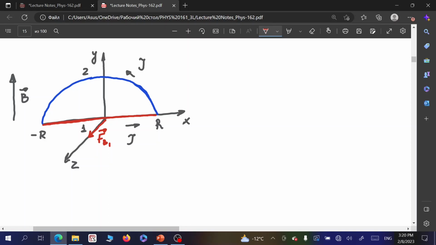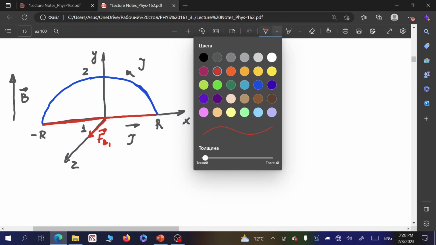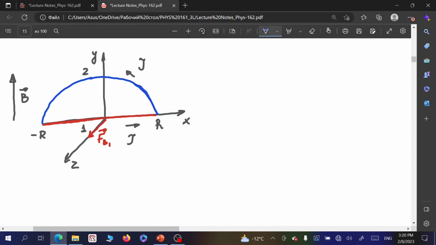We take this into account, align so that the magnetic field goes into the palm, and then the thumb at the right angle will show us the direction of FB2, which will be parallel to FB1 but in the opposite direction. So it will be in the opposite direction of axis z. We can show it here, and this will be FB2.